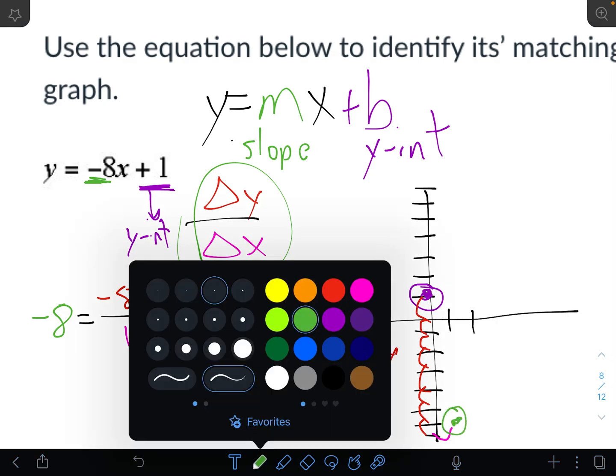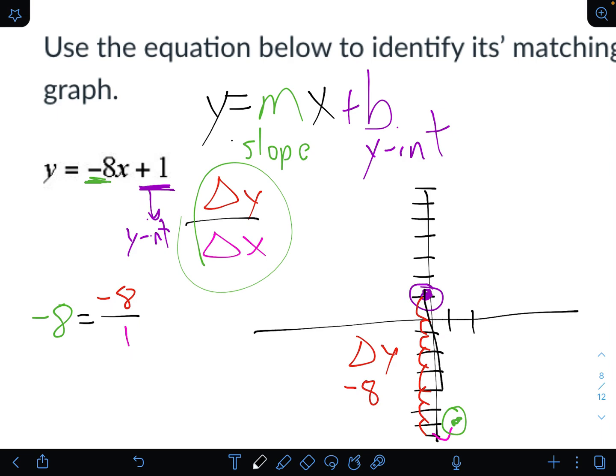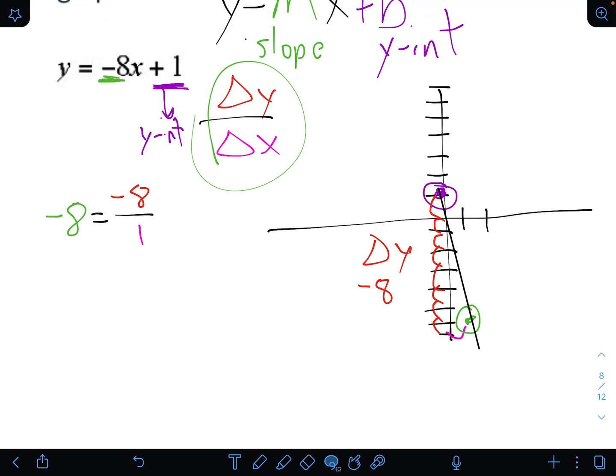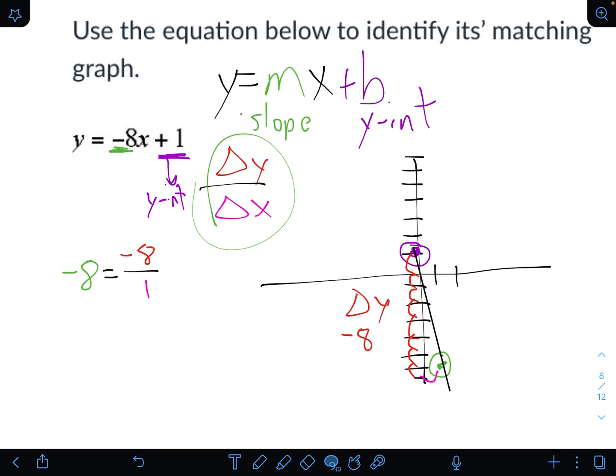Okay, and then put them together, and we get our line. Wow, what happened? Anyway, we get our line. And that is how you graph it. Let's do another one.